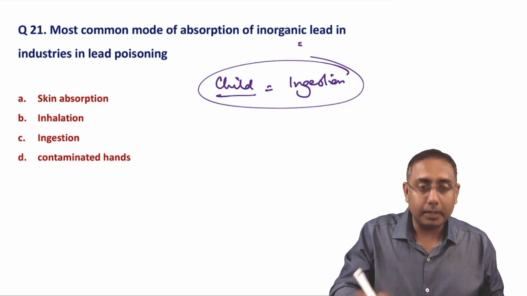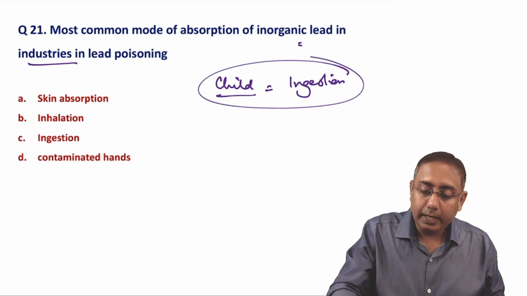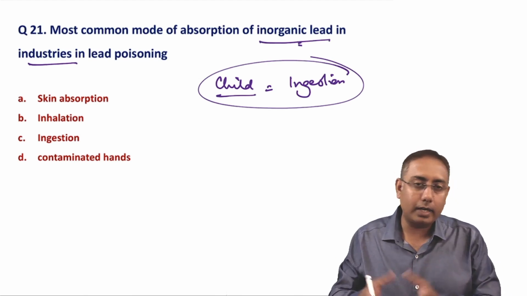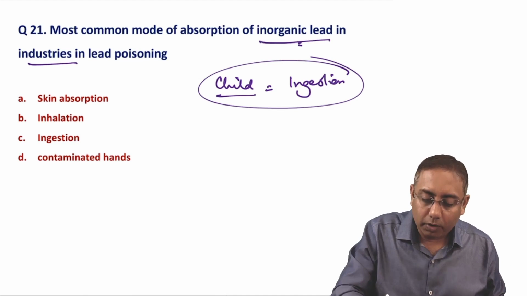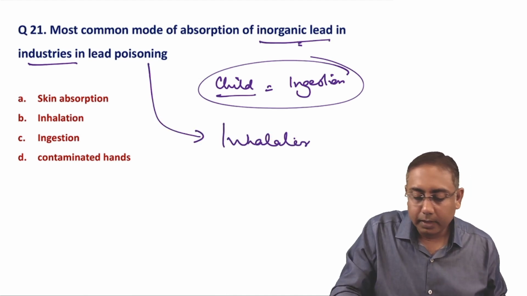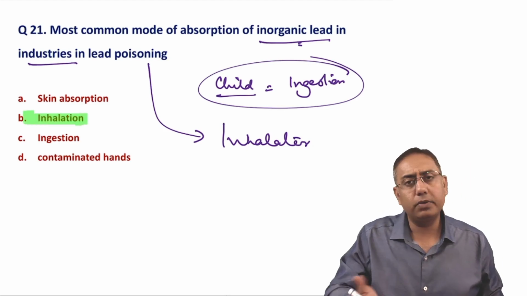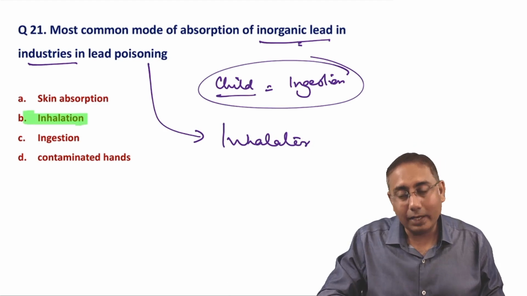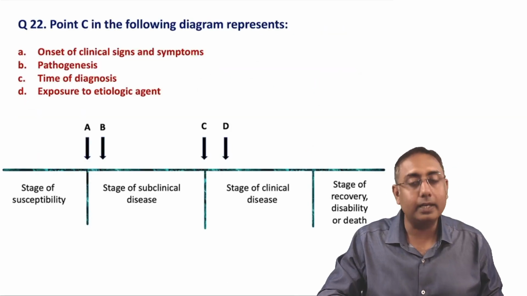But this question is about industries. Inorganic lead in industries would not be for a child, it will usually be for adults, and the most common route, as we have already talked about a couple of times, is inhalation. So please note, this is again a direct MCQ. It is inhalation as the most common route for absorption of inorganic lead in industries in lead poisoning.